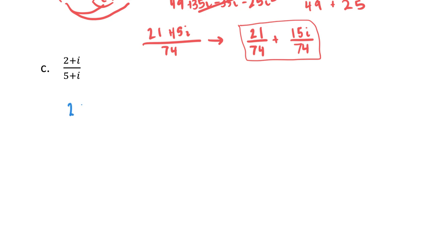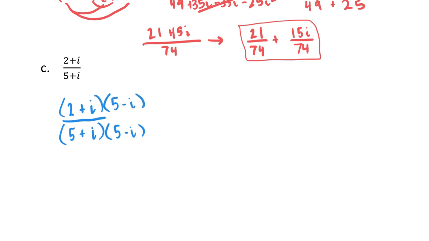Okay, this last one, the C, 2 plus i over 5 plus i. So we're going to multiply the top and bottom by the conjugate. Okay, let's distribute.